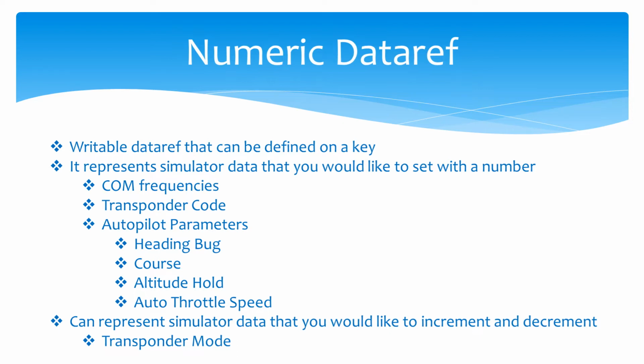But sometimes you're going to find planes where the aircraft designer never gave you a command, but did give you a writable data ref that might show you something like the transponder mode. It's not just the transponder mode; it could be a wide variety of things. So that's one of the other things we can do with numeric data refs: increment them up and down with repeated key presses.